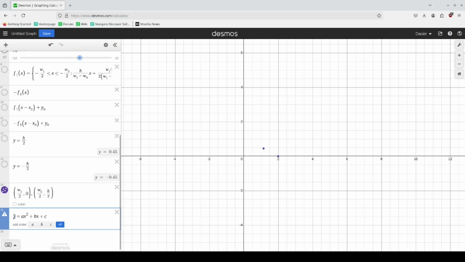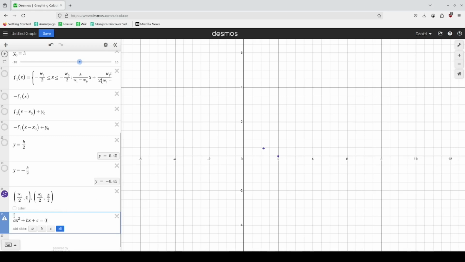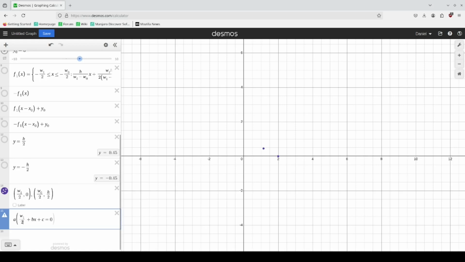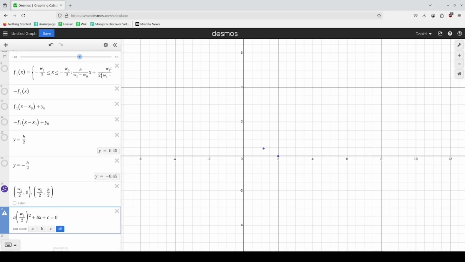Let's sub these in. We have 0 equals... I prefer my y to be on the other side when solving systems of equations, and so this would be a times w sub 1 over 2, the whole thing squared, plus b times w1 over 2, plus c equals 0.